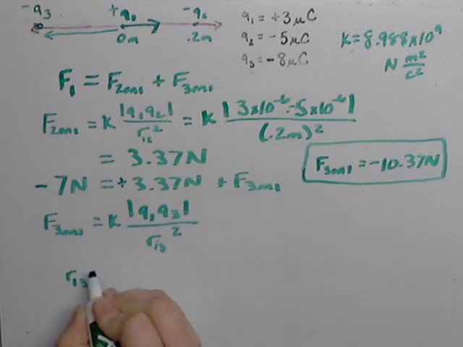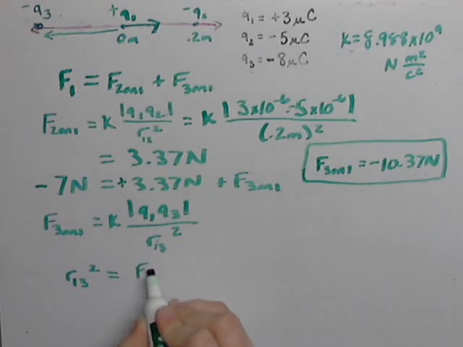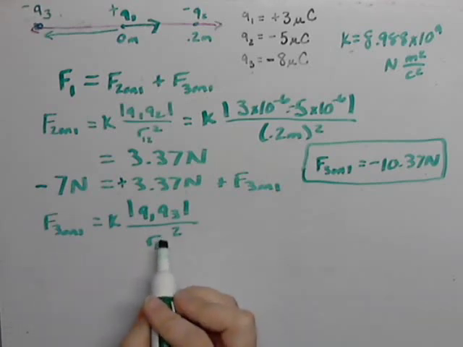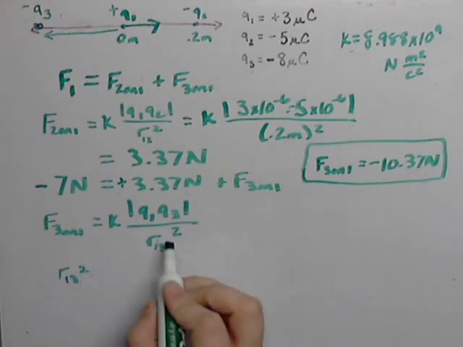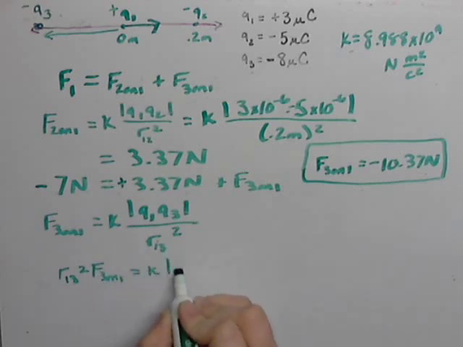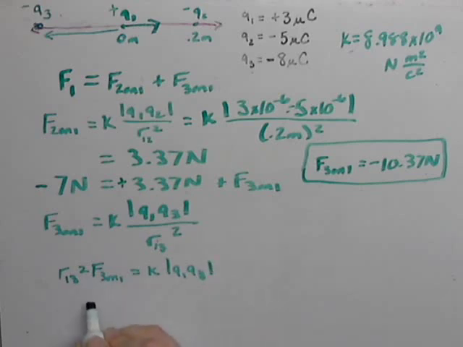So we can rearrange: r13 squared is equal to k Q1 Q3 divided by the force of Q3 on Q1. We can take the square root, and this will give us our r13.